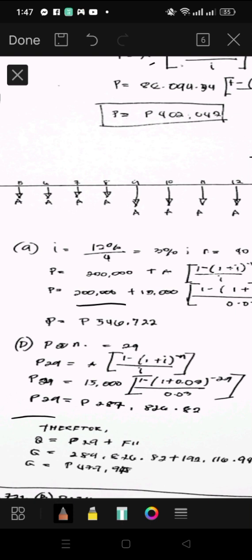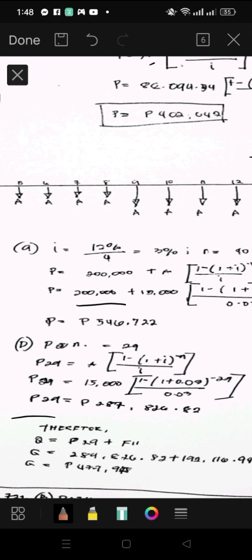If he missed the first 10 payments, so that is 29, then he must pay the 11th payment due. So 40 minus 11, so that's why we are working on the 29, which will be our n.